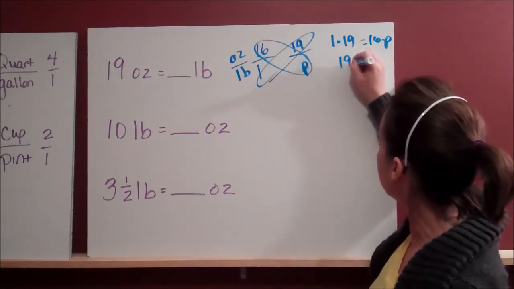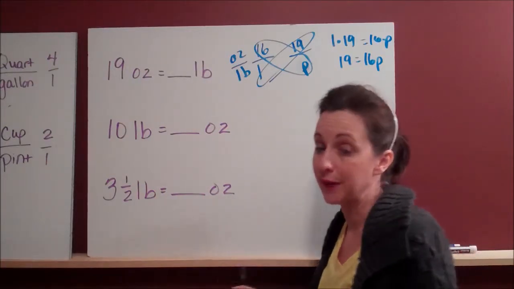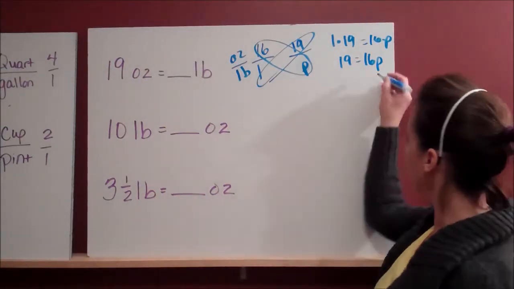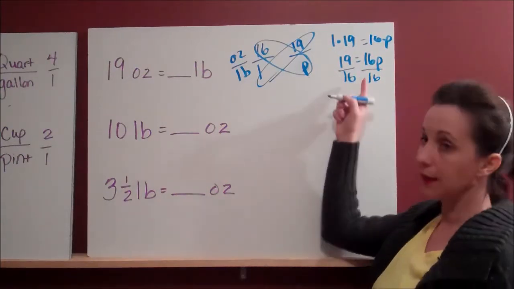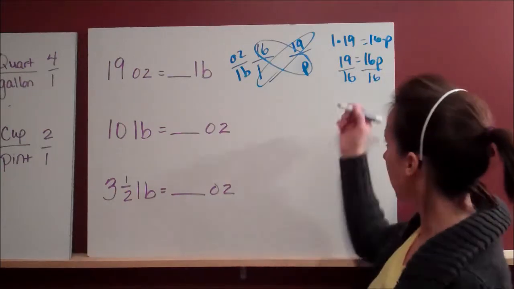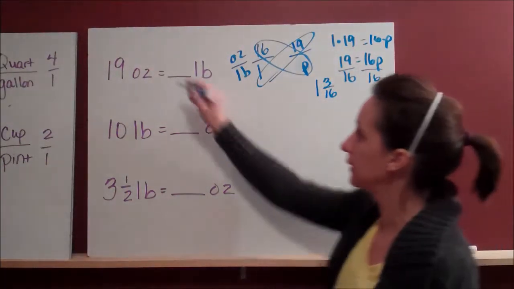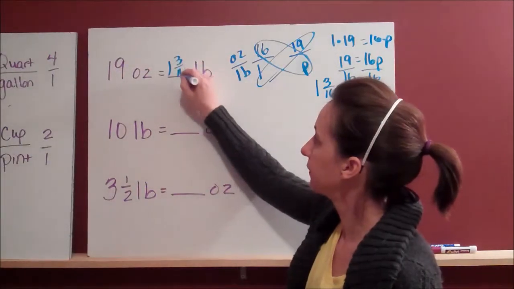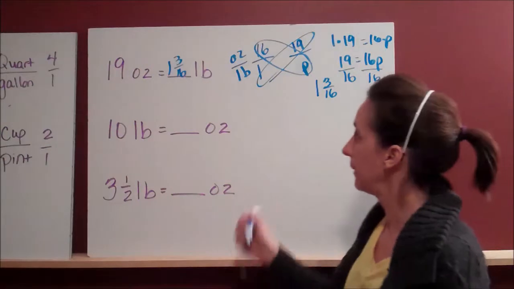And so 19 equals 16P. I have to divide to clear the variable. And look what I have, 19/16, which can be converted to 1 3/16 pounds.